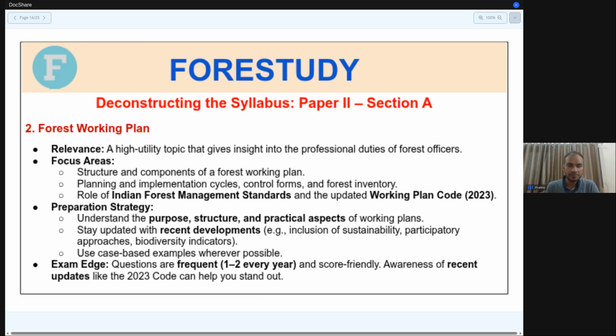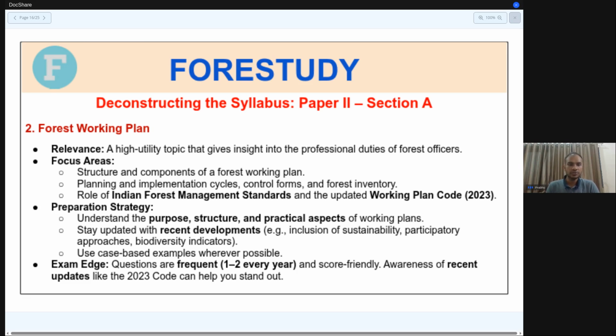From the exam perspective, it is very important, because every year 1 to 2 questions are asked, and the themes are repeated, because they ask the same thing but the language is different. You have to prepare it very well, and it can also give further points to mention in other answers.